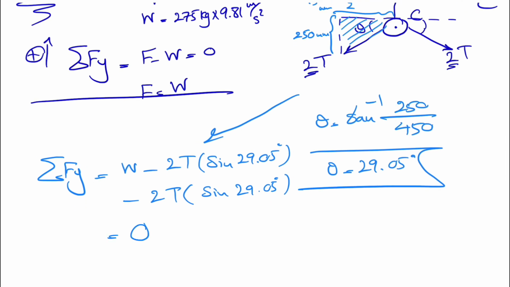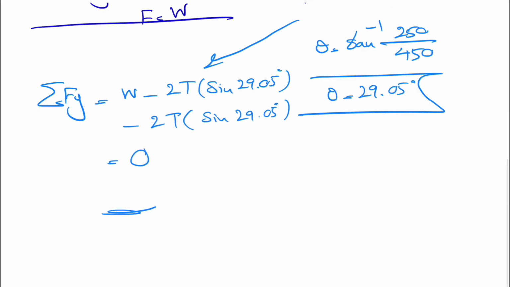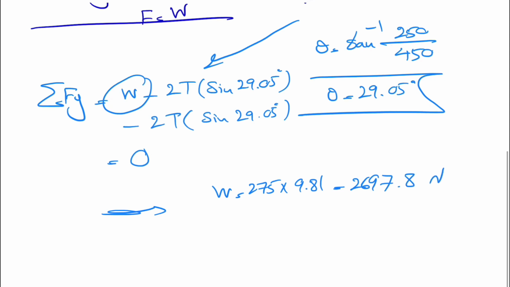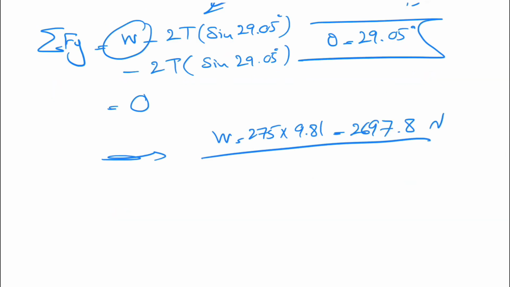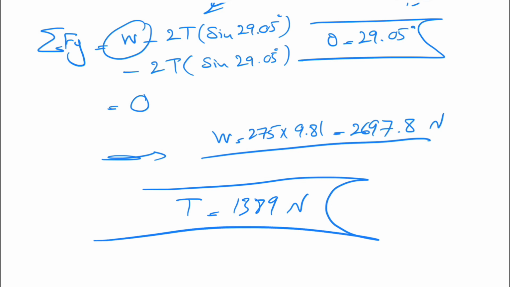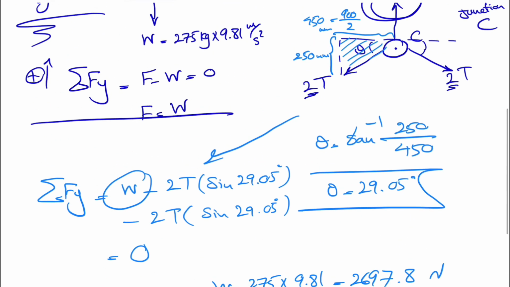But we're just trying to show the whole system in here, and W is known, basically our W is 275 times 9.81, which will be 2697.8 Newton. And if we just plug in our W in the previous equation, we can find T, which will be 1389 Newton, which will be the tension in each rod.